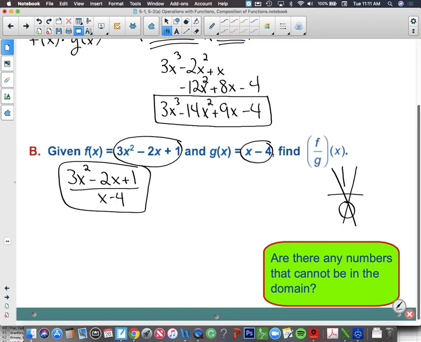Is there anything here that would give us a 0 on the bottom? If I plug a 4 in down there, we would get a 0. So my excluded value is x cannot equal 4. I have to list that excluded value with my division problem.